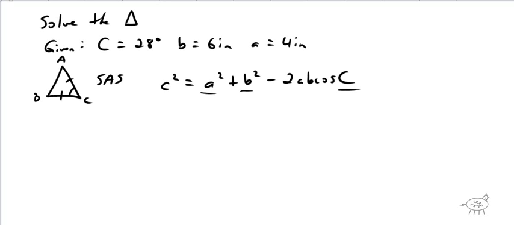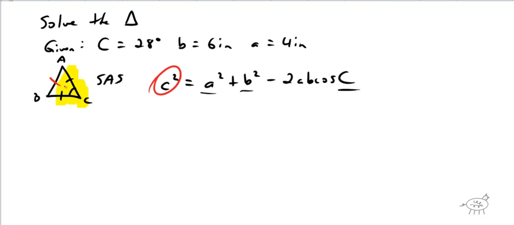And that's exactly what I have here. I have the included angle, angle C, and I have the two sides on either side. That's what you're looking for, and that's going to allow you to find C squared, or this opposite side here, opposite from the angle.